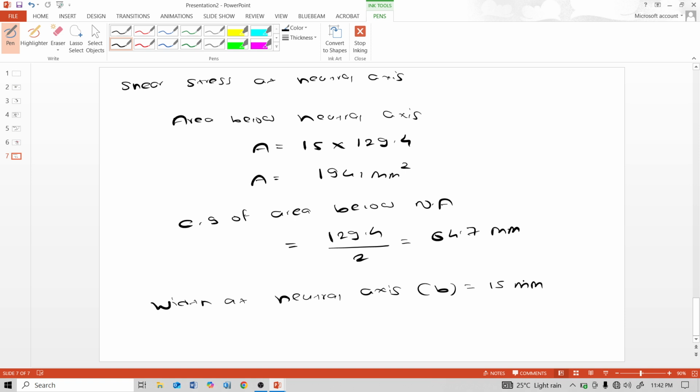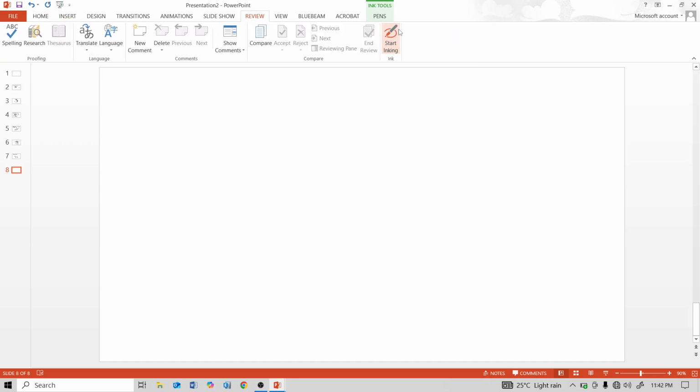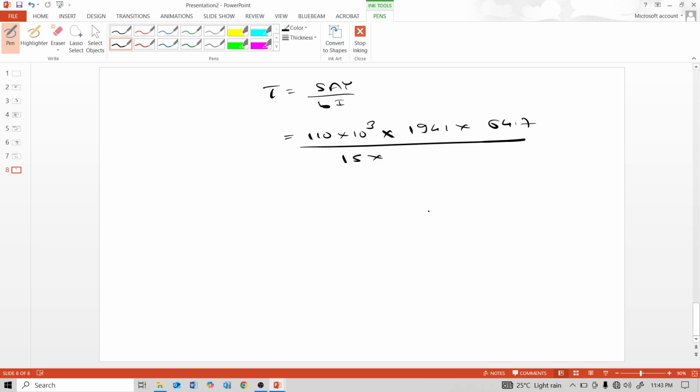Use a similar formula, tau is equal to SAY upon bI. S is 110 into 10 raised to 3 Newton, multiplied by the area 15 into 129.4, 1941 mm square, multiplied by y, this 129.4 divided by 2, 64.7, and divided by b, 15 mm, and multiplied by the moment of inertia, 14.756 into 10 raised to 6.